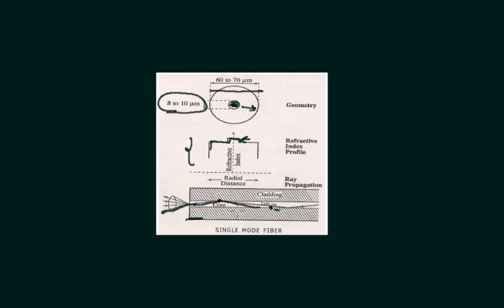Because they are very narrow, light propagates inside single mode fiber only in single modes. So they are said to be single mode optical fibers. And the point to be noted is the refractive index of the core should be greater than the refractive index of the cladding, which is the basic condition. And these fibers are used in submarine.